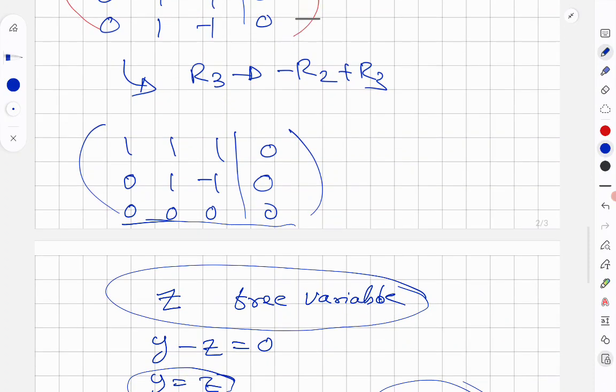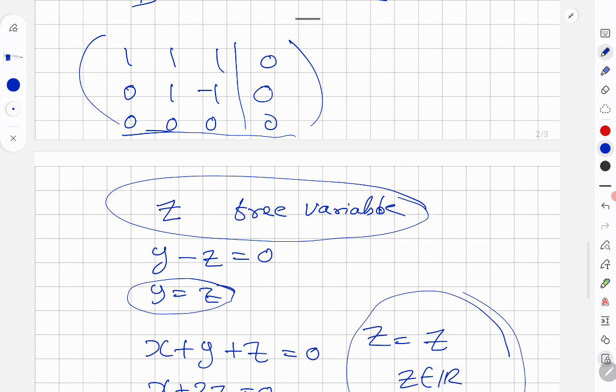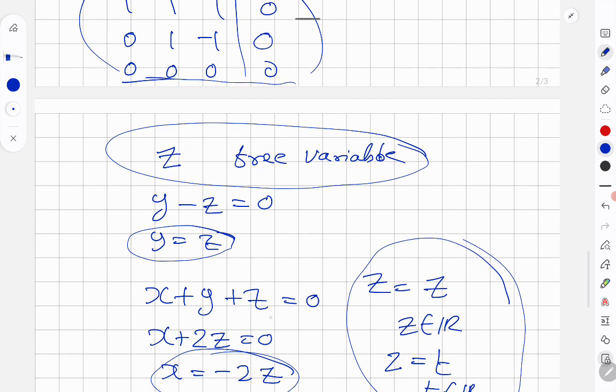Coming back to our original problem, we got one complete row as 0. Since this row was 0, I say z is a free variable. Then I go up an equation, so it's y minus z equal to 0. I got y equal to z, and x plus y plus z equal to 0. So I substitute this one over here.